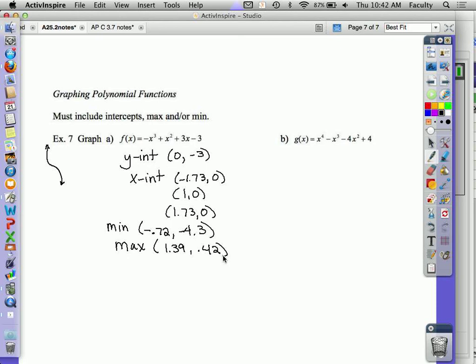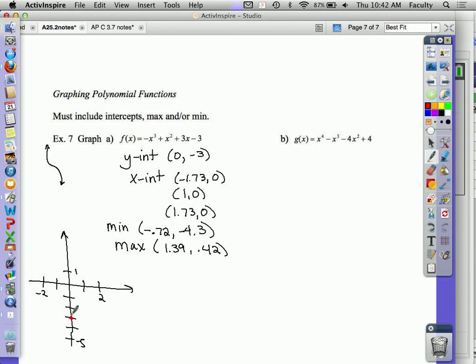But if you go through intercepts and min-max and you have 2 points, you need a table with a few more points, okay? So let's go ahead and draw this. Okay, so let's start plotting.